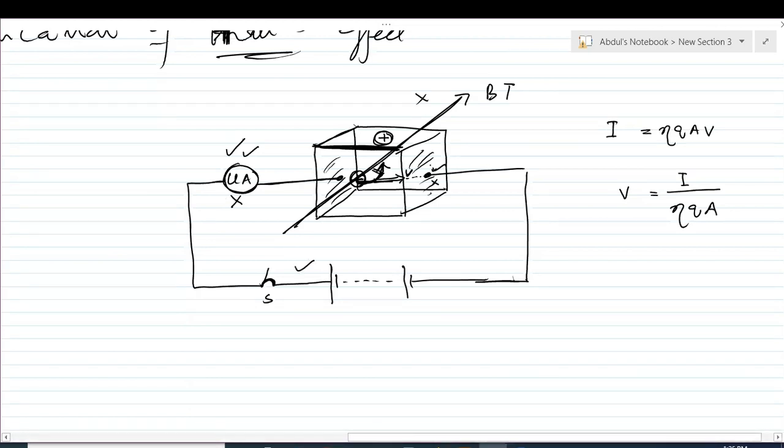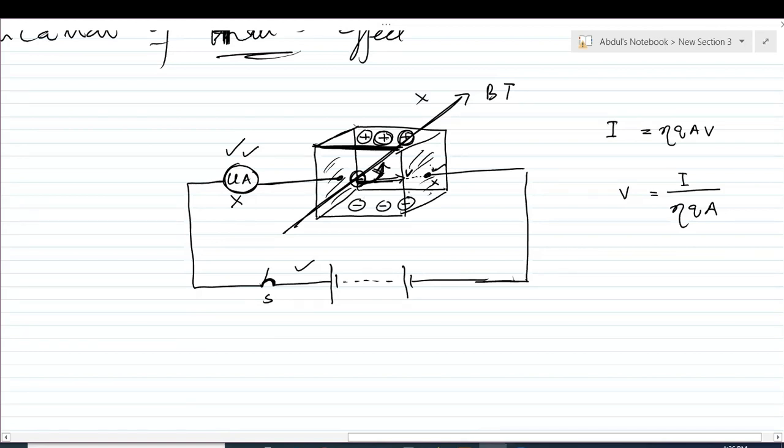When the second charge comes from the battery, it is also deflected up. Similarly, all charges are deflecting up. This crystal was neutral. When the positive charge appears at the top, automatically negative charges will appear at the bottom.